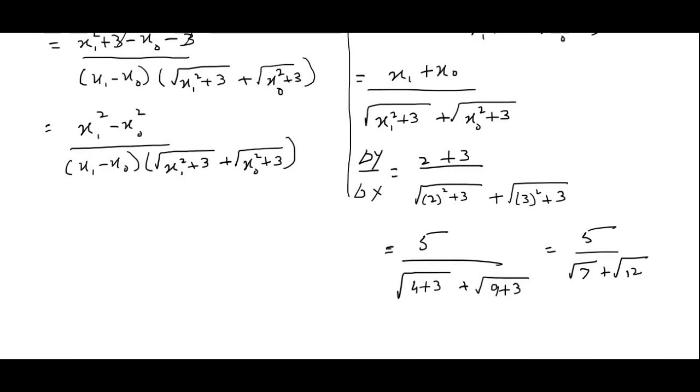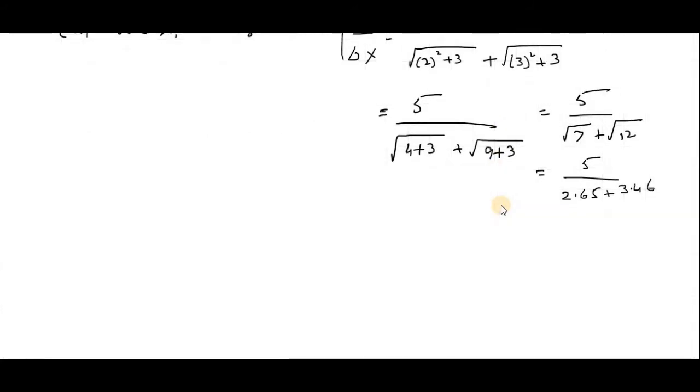Now taking the square root of under root 7 and under root 12, 5 over 2.65 plus 3.46, and we get, after adding, 5 over 6.11, which can be rounded off up to 2 decimals.